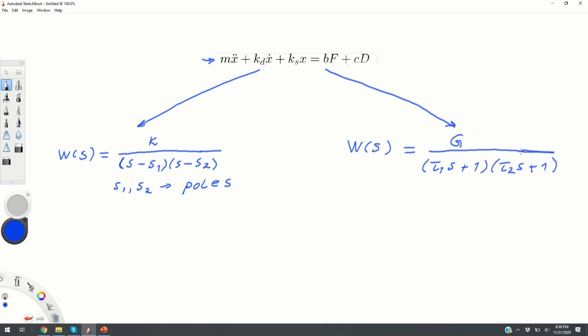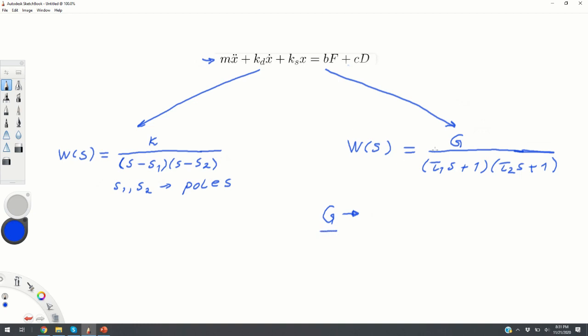What is interesting about this representation? As you will see later in this video, the parameter g in the numerator of the transfer function is the system steady state gain when an input that's equal to a step signal is applied to the system.